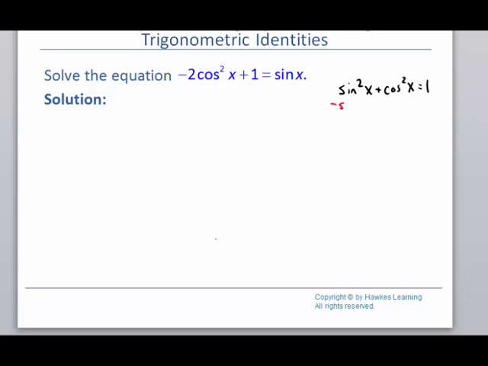So in this case, I'm going to subtract the sine squared from both sides of the expression. So that's going to give me cosine squared of x is equal to 1 minus sine squared x. And so what that does is it gives me something that I can plug in for the cosine. So instead of that cosine, I'm going to be putting in the 1 minus sine squared x.